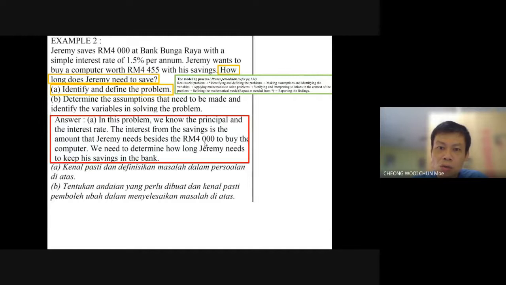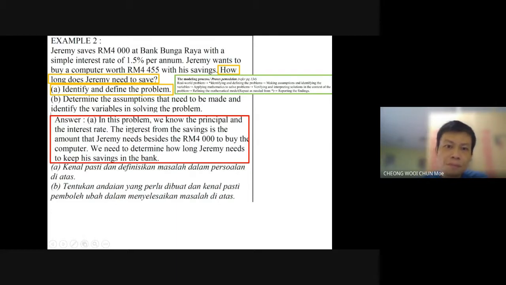So we need to know the principal, which we already know is 4,000 ringgit, and the interest rate also we know is 1.5% per annum. That's why we know the principal and interest rate. So you can write down principal 4,000 ringgit, interest rate 1.5% per annum.